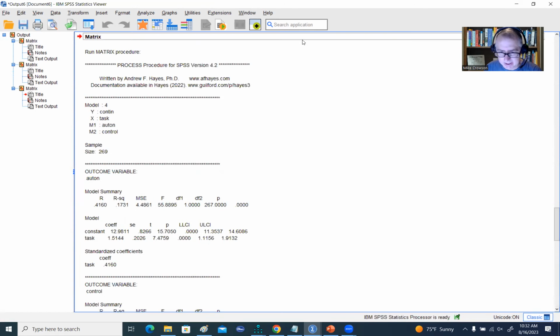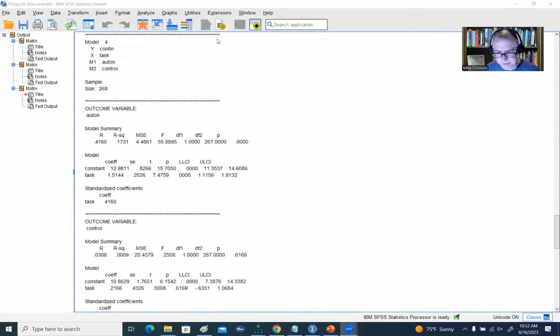Okay, so now looking at our output, once again, Model 4, and now you can see the specification of M1 and M2, autonomous motivation and controlled motivation right there. Looking at our first regression, the simple regression of autonomous motivation onto task orientation right there, there's our positive and significant direct effect that's given in this output.